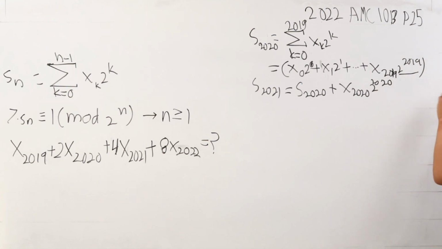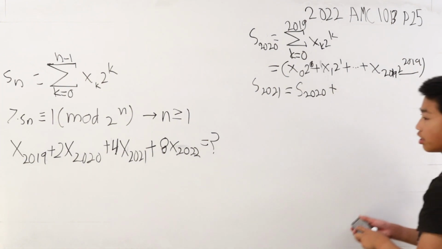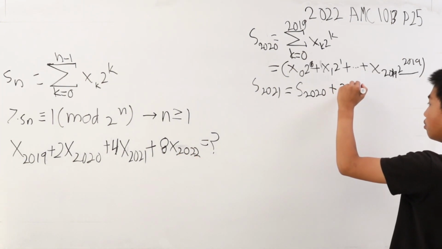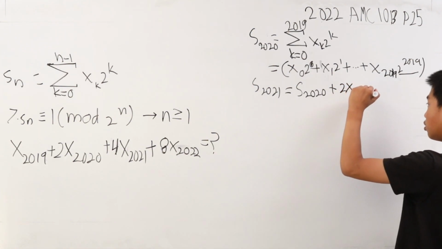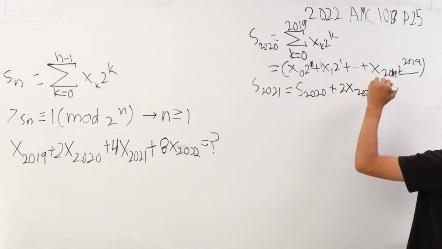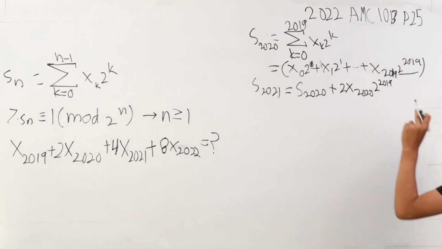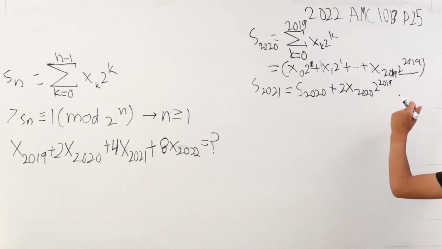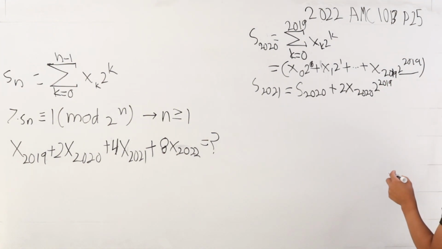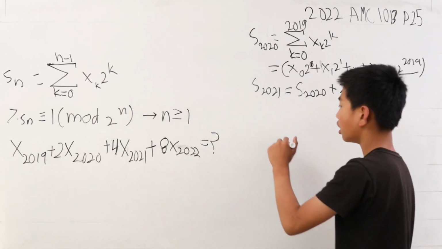We still want the 2019, so if we're going to factor out 2 to the power of 2019, we rewrite it as 2 times x of 2020 times 2 to the power of 2019. We just took out one 2 from here. When we multiply this 2 back, it's still 2 to the power of 2020.